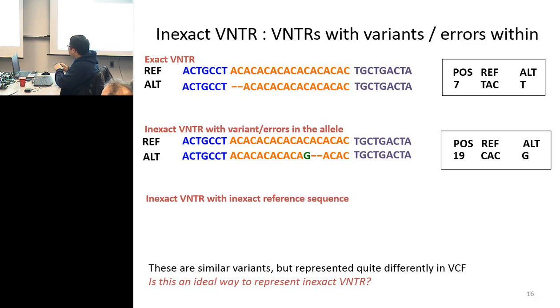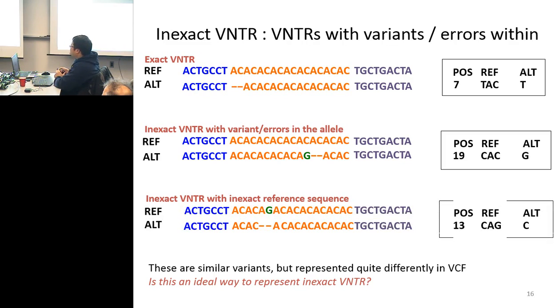When you have this, suddenly the representation in VCF, even when it's normalized, is now at position 19, with the reference as CAC, deletion of AC replaced by a G. And then we have another one where the reference itself has a bit of noise there, so they replace the C with G, and then again you get a different position.